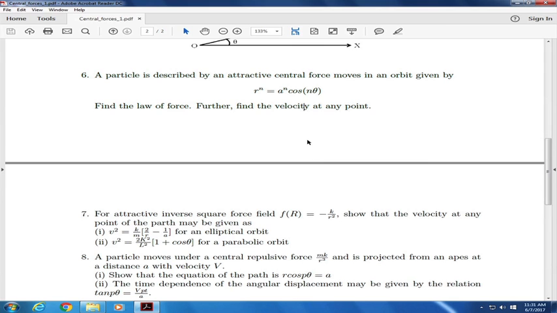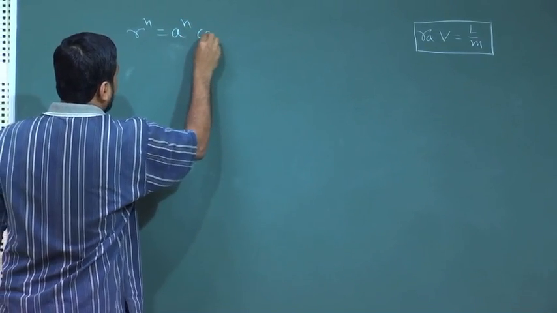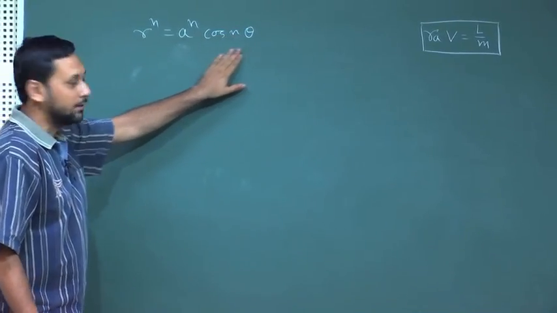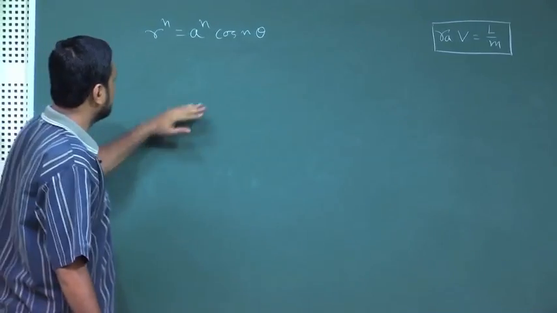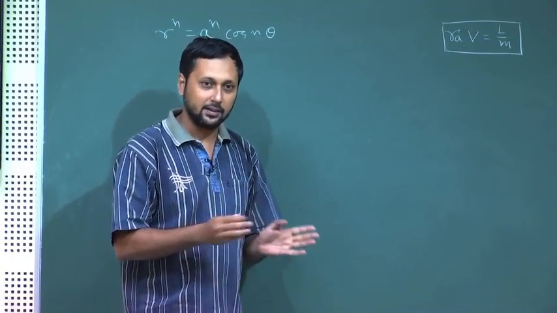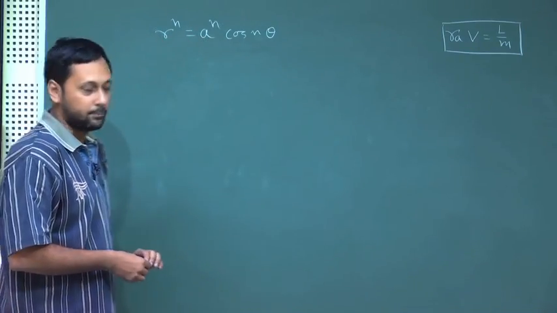Do not be scared by this form. It's not a very simple form, I agree, but we will see that the calculation can be reduced to a very simple form.